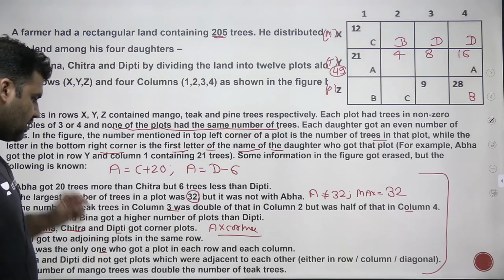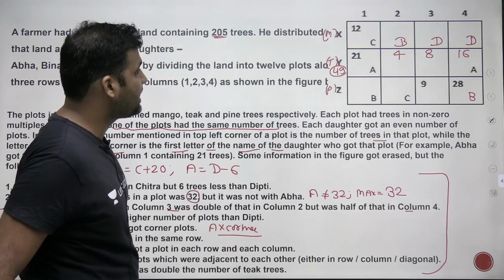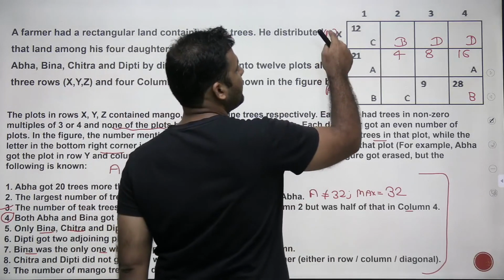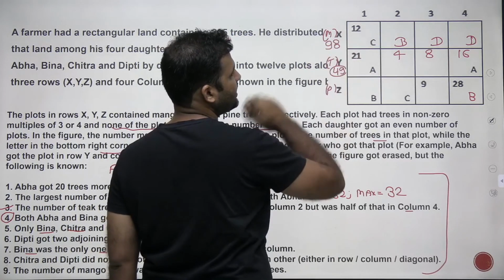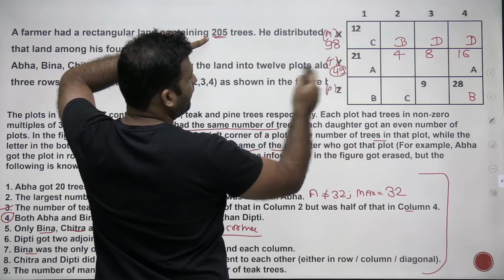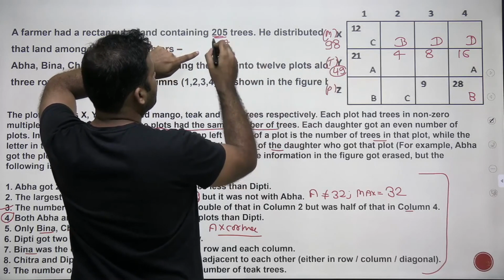Chitra and Dipti did not get plots. Okay, we have read this. The number of mango trees was double the number of teak trees. That's the main point here. The number of mango trees is double the number of teak trees. So can I say that this value will be 98? Now the total number of plots is 205, 98 here, 49 here. The total is 9 plus 8, 17, 9 plus 4, 13 plus 1, 14.